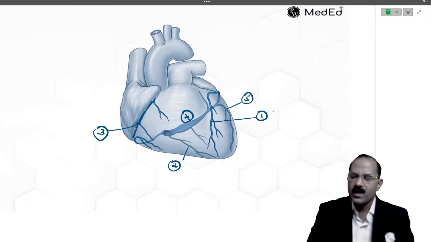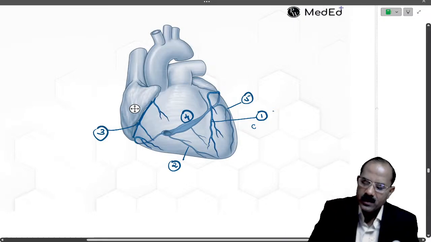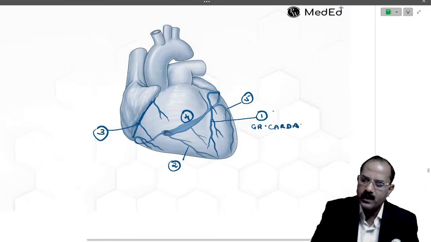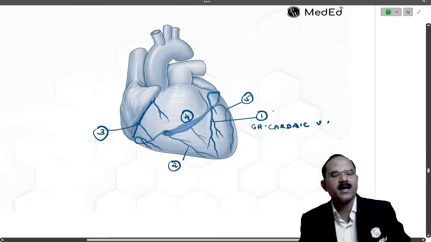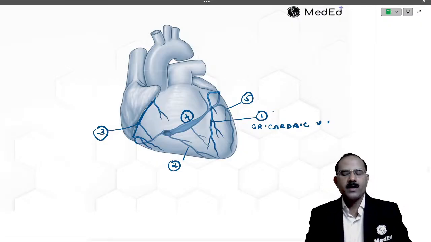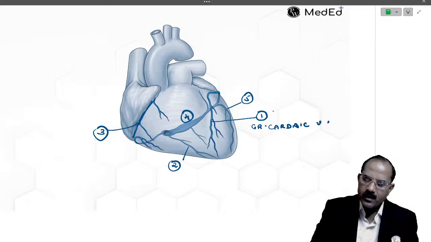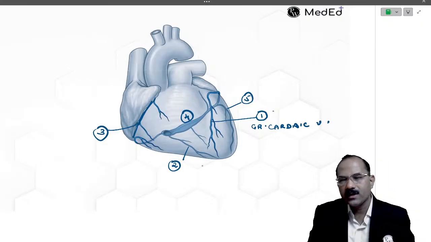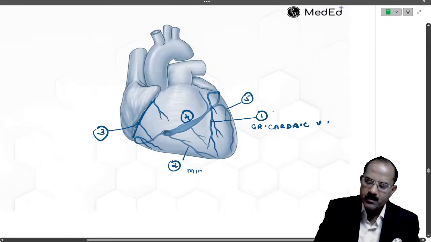The vein which the surgeon encounters in the anterior interventricular sulcus of the heart is the great cardiac vein. That's the great cardiac vein. What is this vein? This vein in the posterior interventricular groove is the middle cardiac vein.